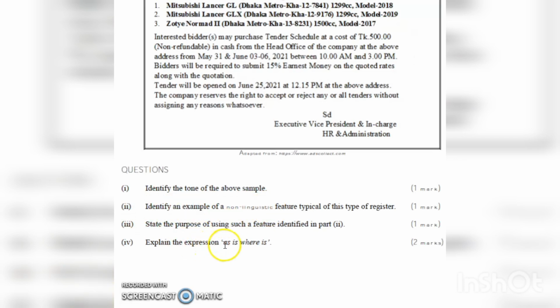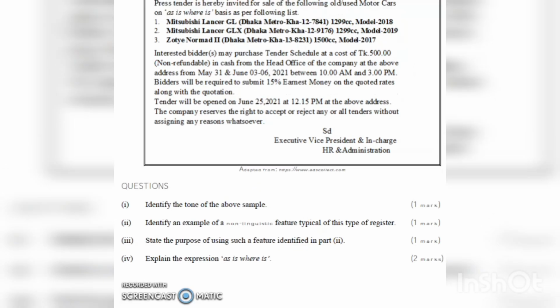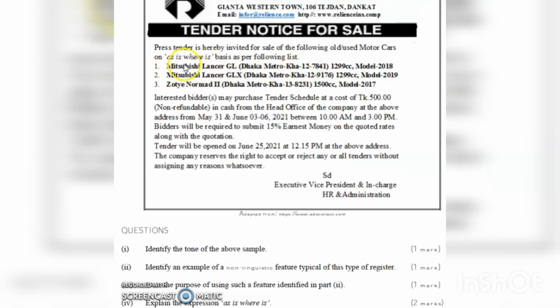Okay, explain the expression "as is, where is." First of all, you are to identify what it is. Like I said, "as is, where is" is a business phrase. What it means is exactly how you're going to pick it up. If you are talking about a Mitsubishi, let's look at the sample. Mitsubishi Lancer GL, this is exactly how it is described as what you're going to get.